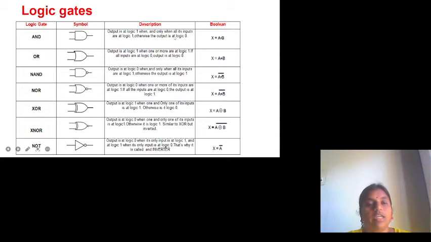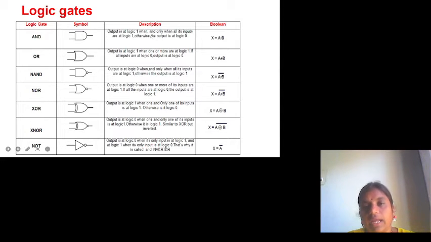Let us call the inputs A and B; all combinations of inputs must be at logic 1, then only will the output of the AND gate be at logic 1 or logic high. Otherwise, if any one input is 0, then the output will be 0.